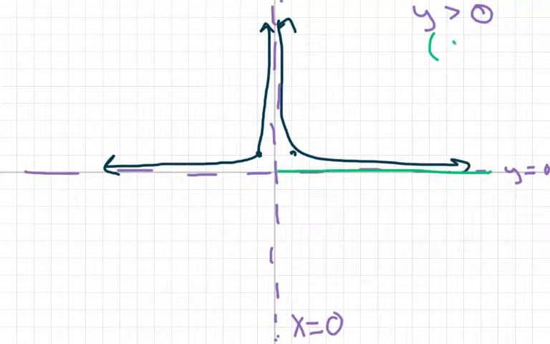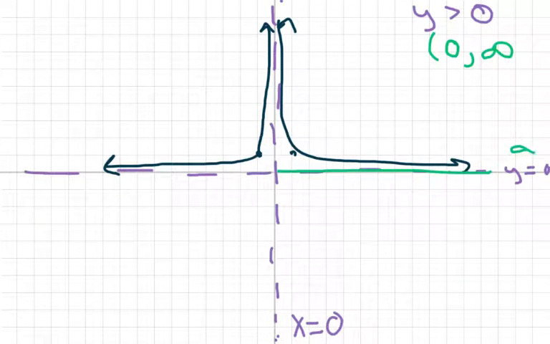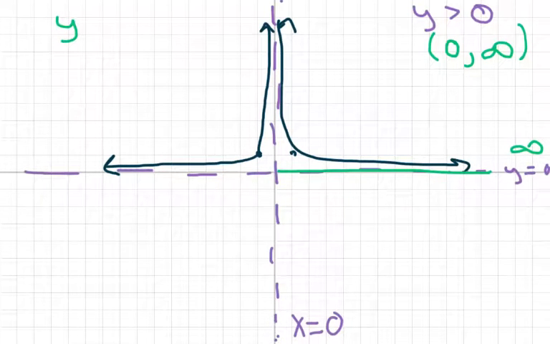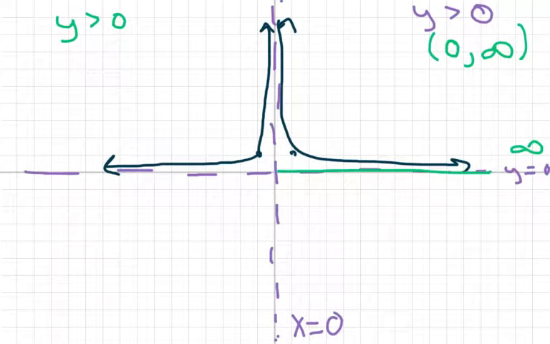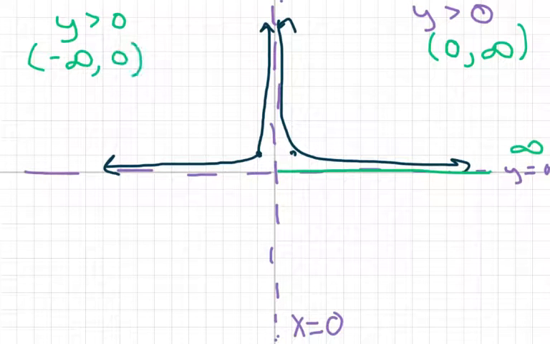Well, it's positive where x goes from 0 to infinity. So this goes all the way to bigger and bigger numbers. And it's positive here on this side. Y is also positive in quadrant 2 from negative infinity to 0.